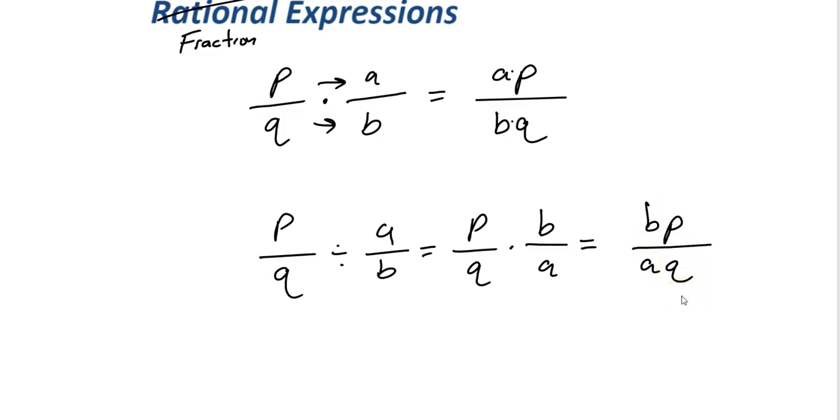So that's still the process. The same rules that you used to multiply and divide fractions apply. These are still fractions. We treat them the same way. Can't equal 0 on the bottom.